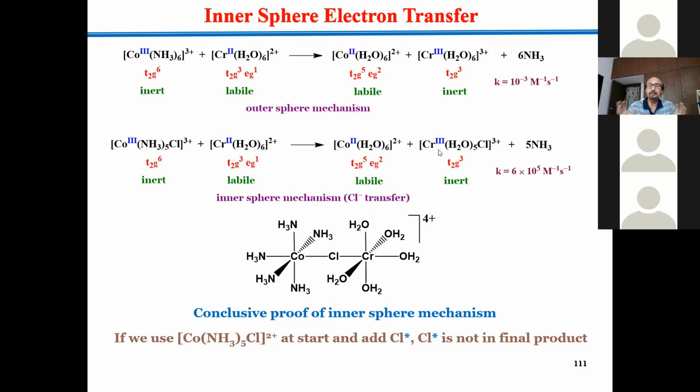But that is the ligand exchange process. Okay, that is the ligand exchange process. But the electron transfer is essentially happening at the metal center. So remember, one statement I made while talking about the outer sphere mechanism, that there won't be any ligand exchange, only the electron exchange between the oxidant and reductant, because the electron transfer is much faster than the ligand exchange.